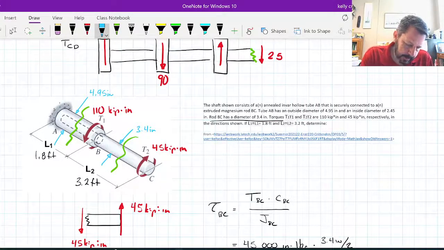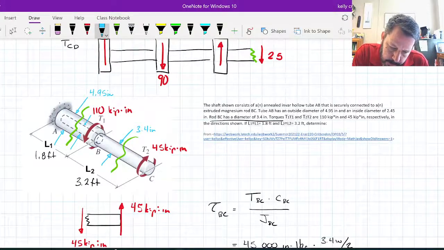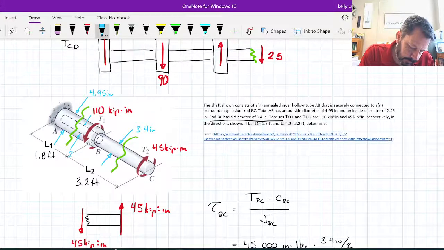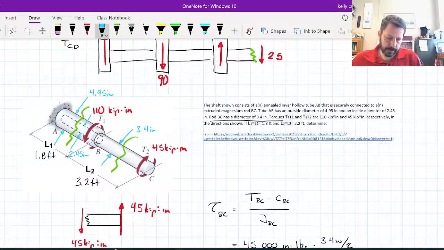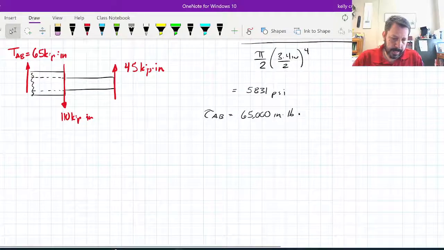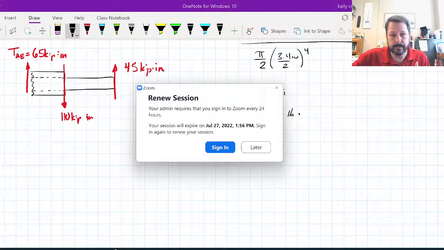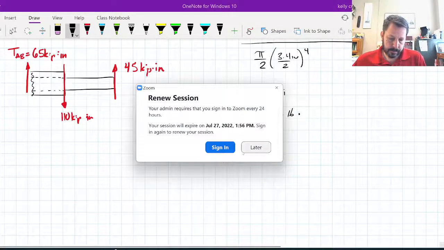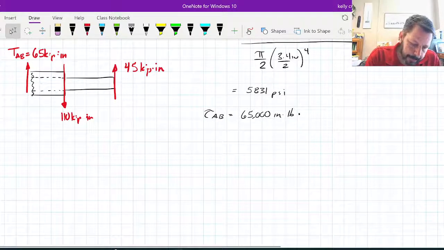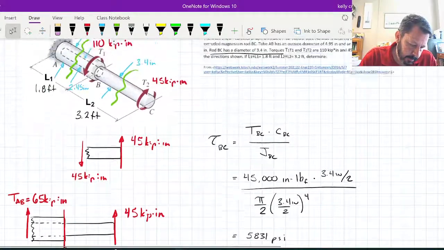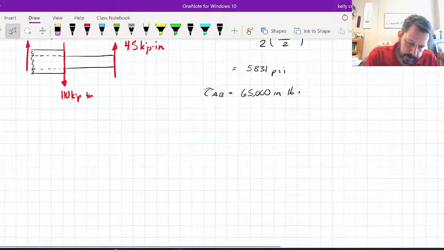And then it has an inner one of 2.45 inches. Okay, so let's use those numbers. So the outer for C, because we're assuming this problem wants us to calculate the maximum, would be 4.95 over 2.